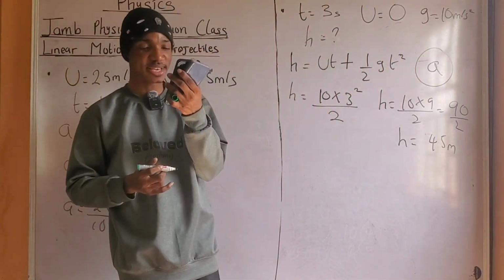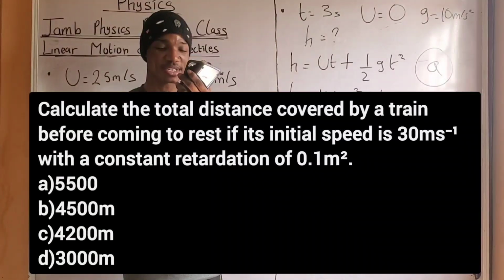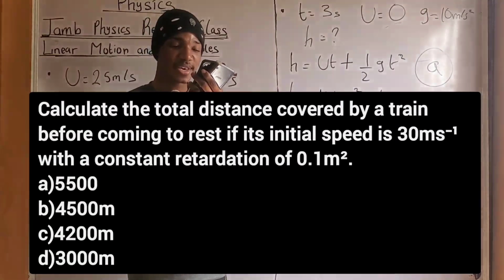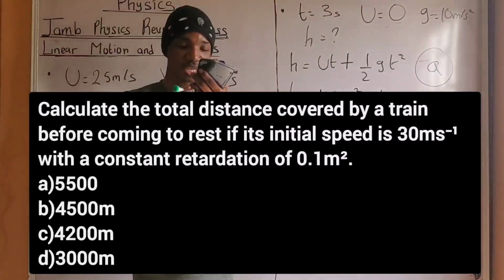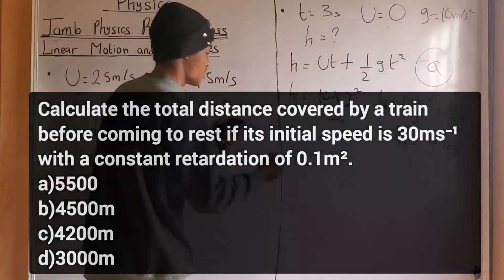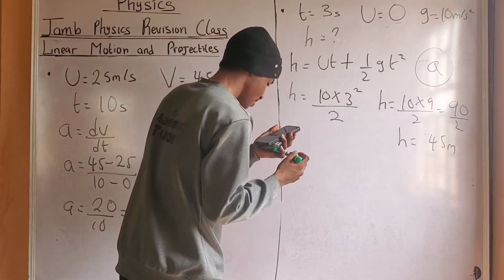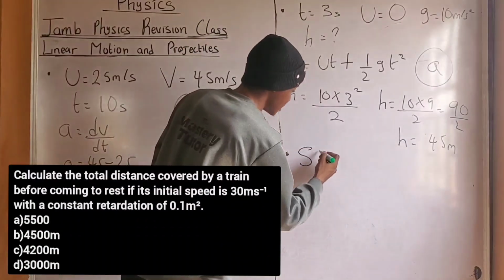Okay, let's proceed to the next question. Calculate the total distance covered by a train before coming to rest if its initial speed is 30 meters per second with a constant retardation of 0.1 meter per second squared. Here, please pay attention. We are asked to calculate the distance covered by a train. We are looking for s.